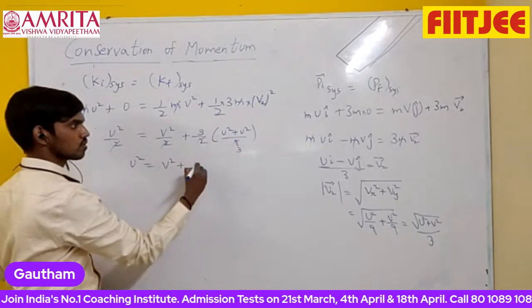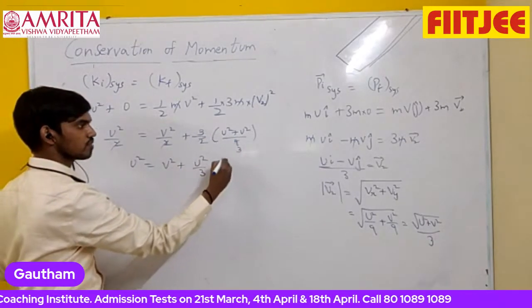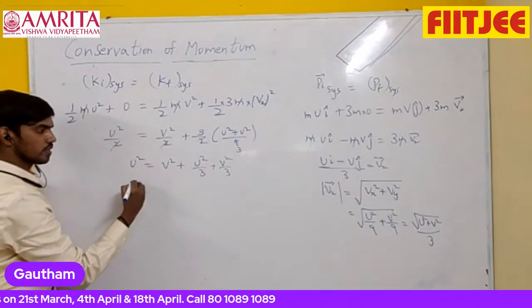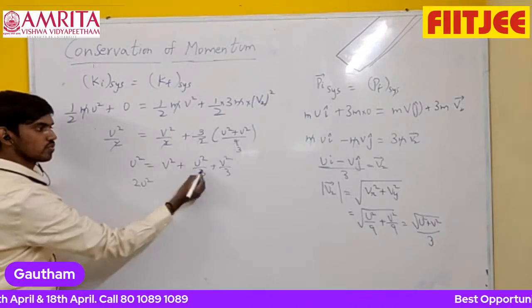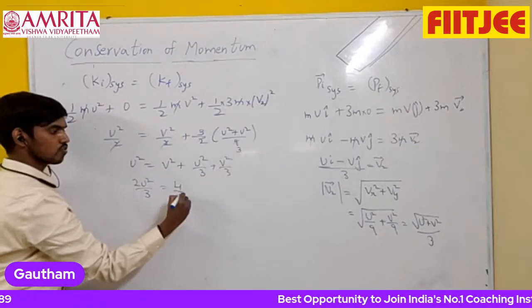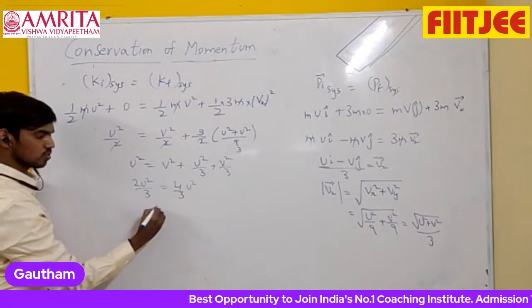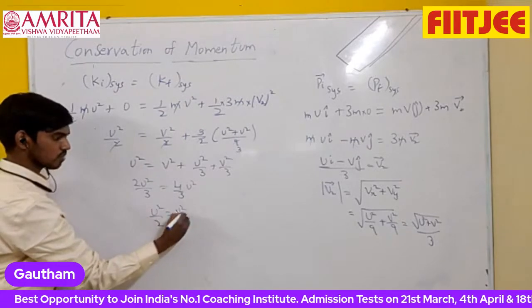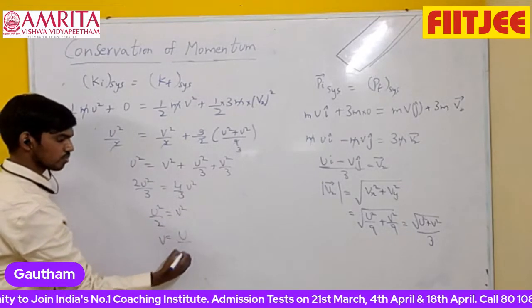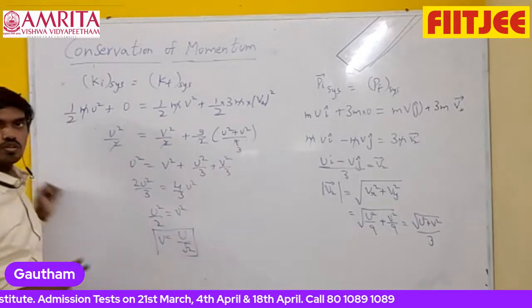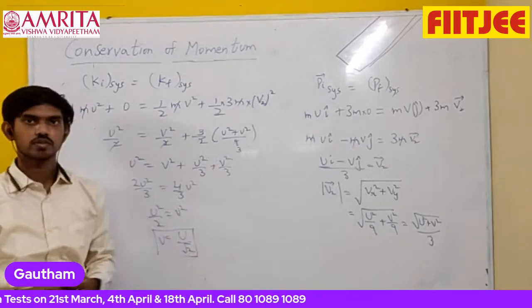So u square by 3 plus v square by 3. So u square minus u square by 3, 1 minus 1 by 3. So 2 by 3 u square is equal to 1 plus 1 by 3, 4 by 3 v square. So u square by 2 is equal to v square. So v is u by root 2. So this is the final answer.